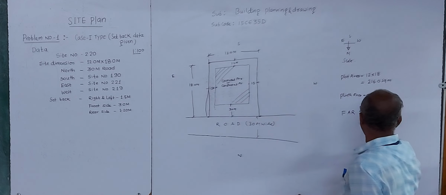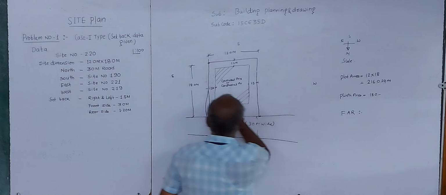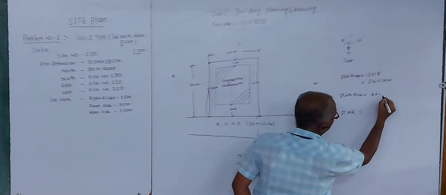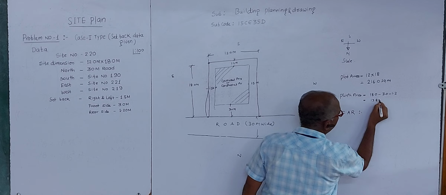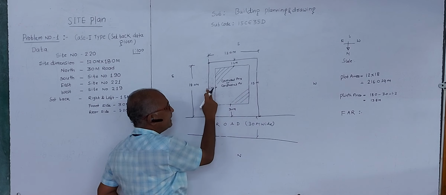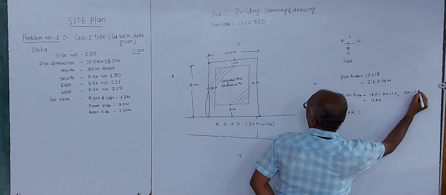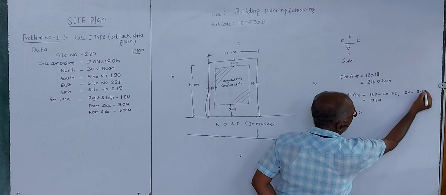Suppose this is the 18 meter minus 3 meter minus 1.2 meter is equal to 13.8 meters. And here the second one is 12 meter minus 1.5 meter and minus 1.5 meter is equal to 9 meters.